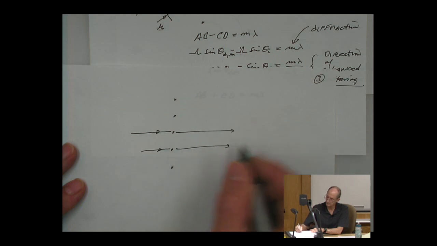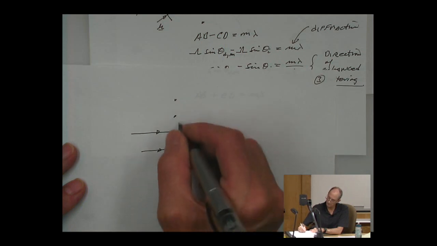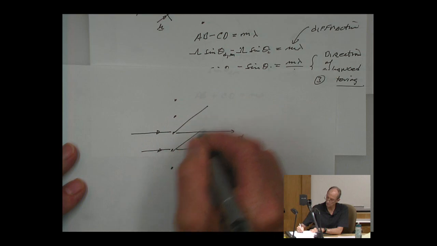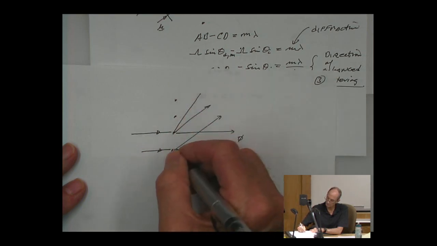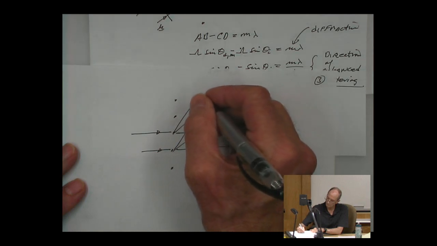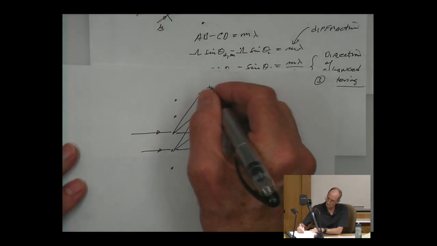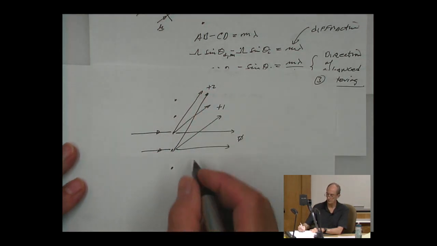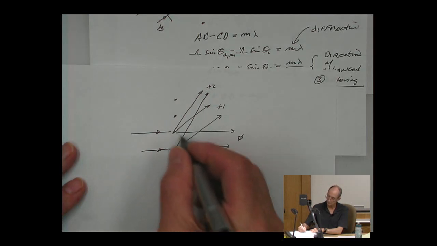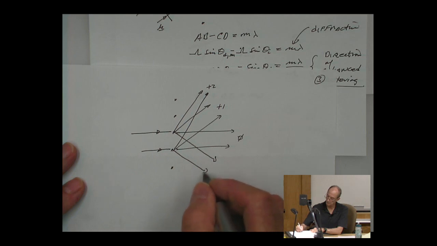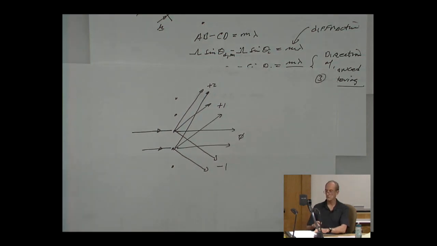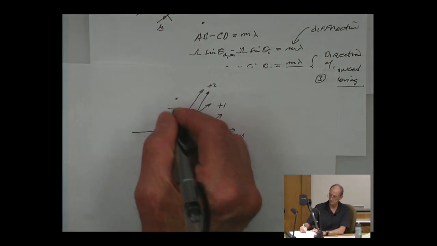Here's our zero order, and then we have a plus one order out here. Could possibly have a plus two order and so forth, and similarly for the negative orders going in the opposite direction.